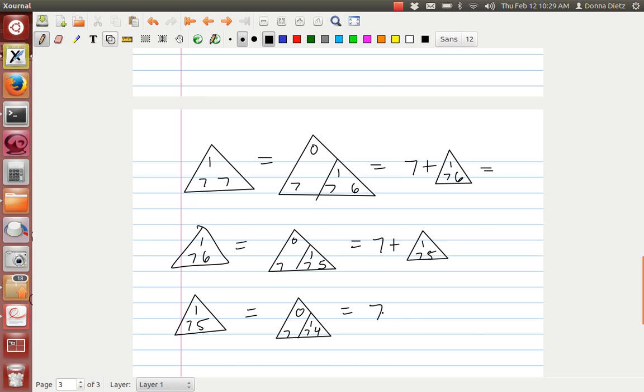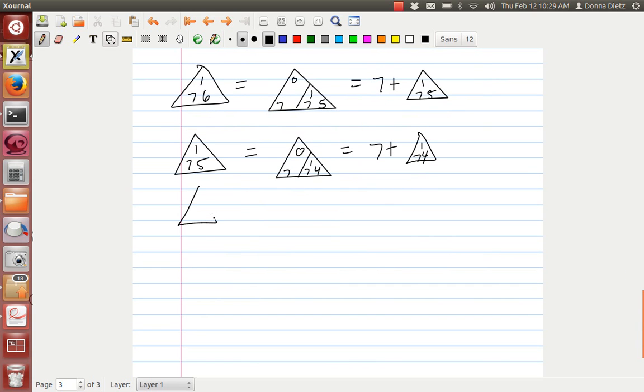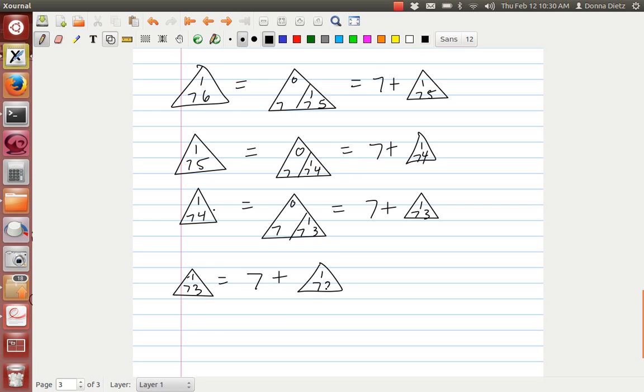Okay, and so this is going to be 7 plus 174. If you think this looks like a pattern is forming, you're right, but it's up to you to actually figure out what the pattern is and what it means, what's actually going on. Okay, and if you understand this, you can shortcut it a little bit by doing this.